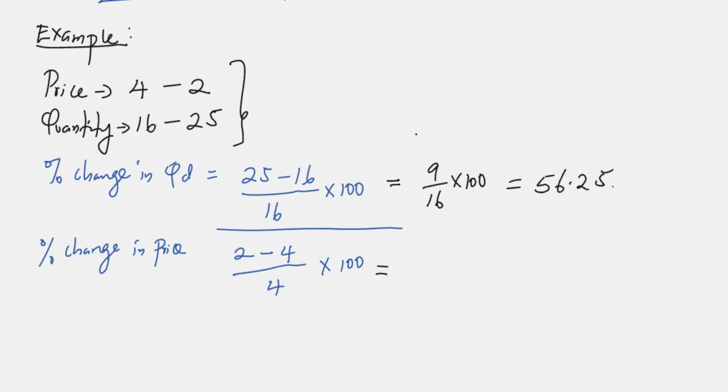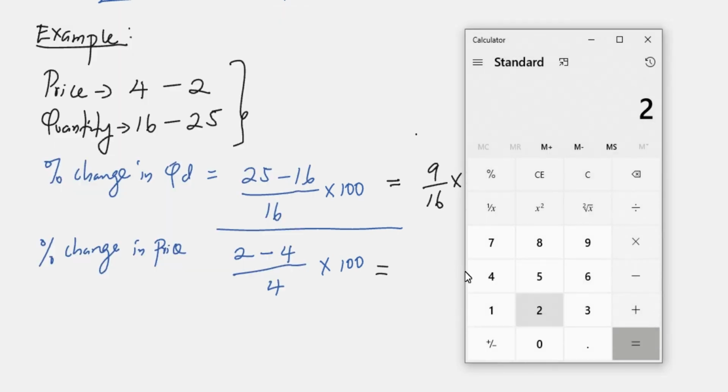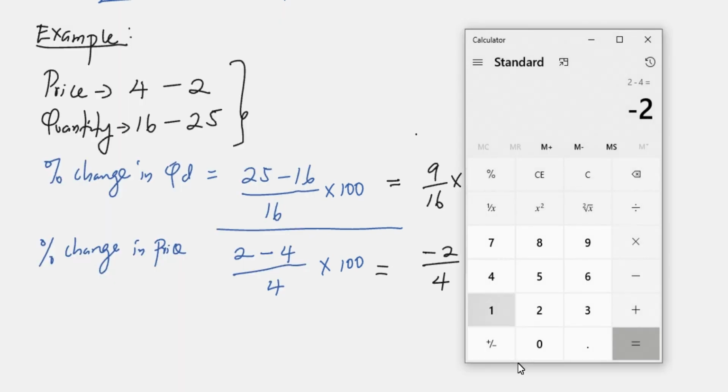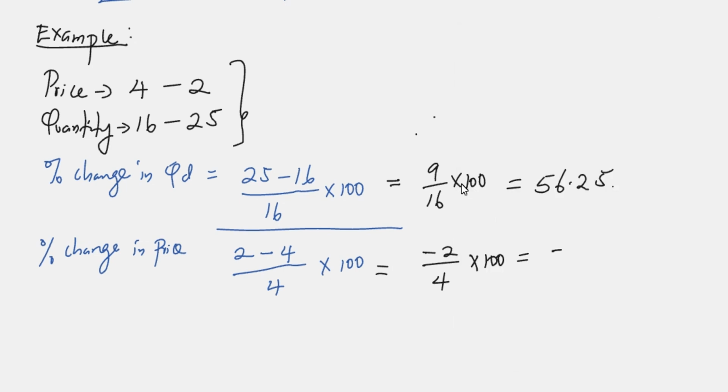Now it is this figure which we go ahead and divide by the percentage change in price, which is given by 2 minus 4. We get negative 4, divide by 4, multiply by 100. So let's do it here. And we are finding out that the answer is negative 50.